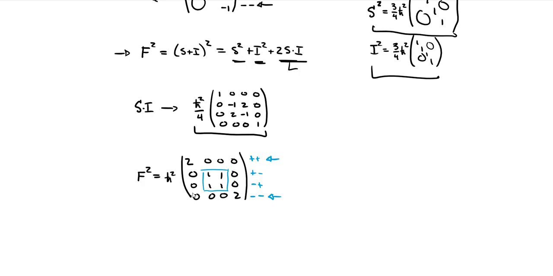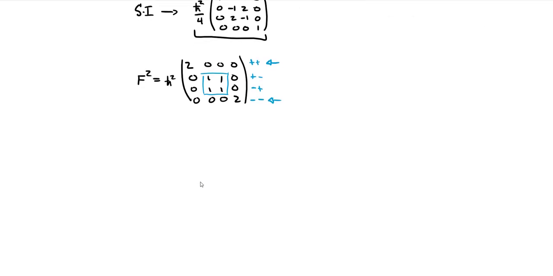So let's summarize the basis states we know right now. We have this F squared operator, and when it acts on the plus plus state, just by inspection here, we see that it gets 2 h bar squared times plus plus.